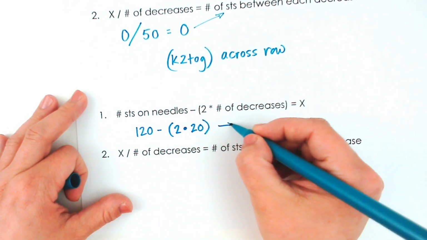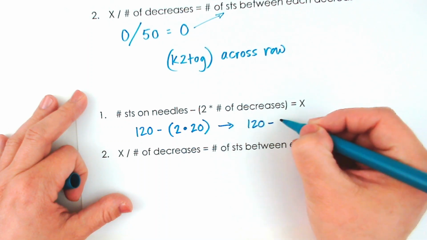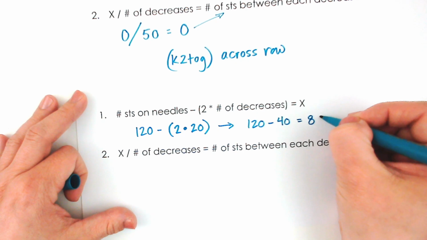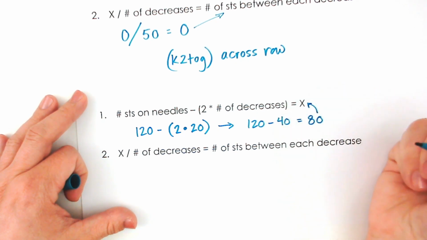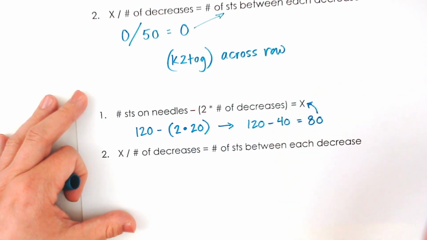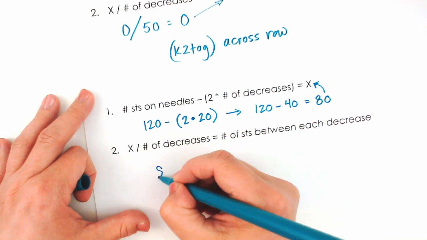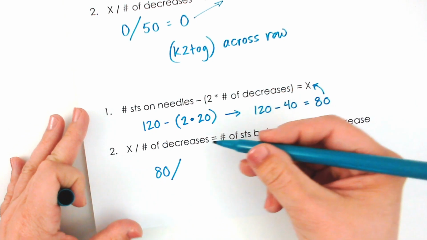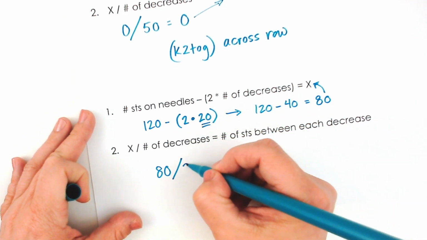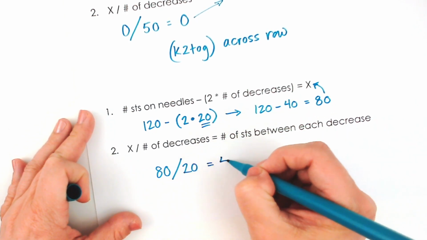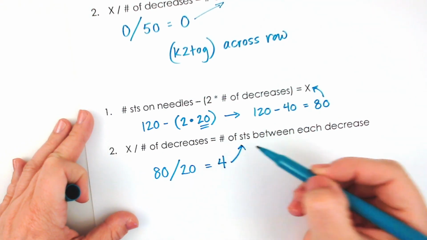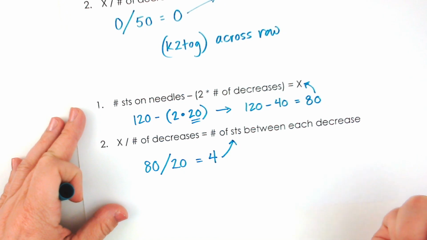So that turns into 120 minus 40 equals 80 stitches. So 80 is our X here. Okay, so X, 80, divided by the number of decreases, which was 20, equals 4. So 4 is the number of stitches between each decrease.